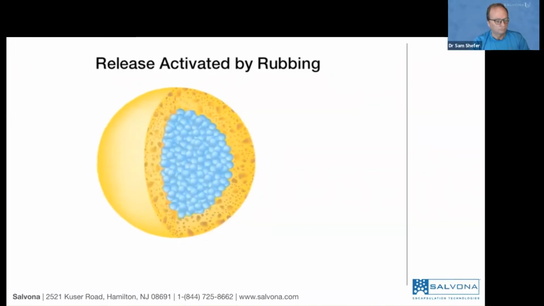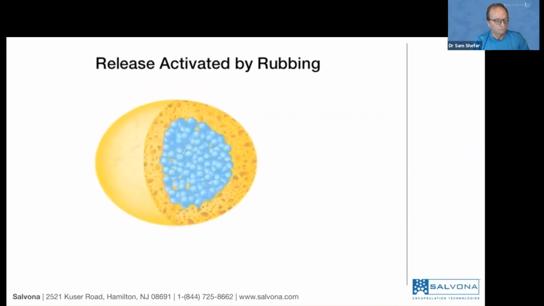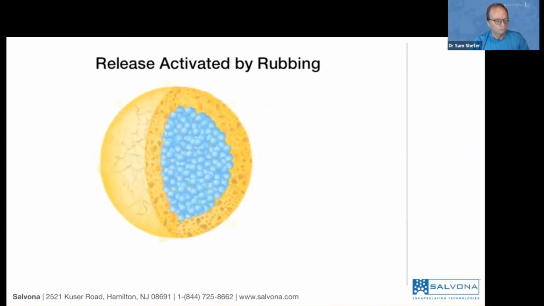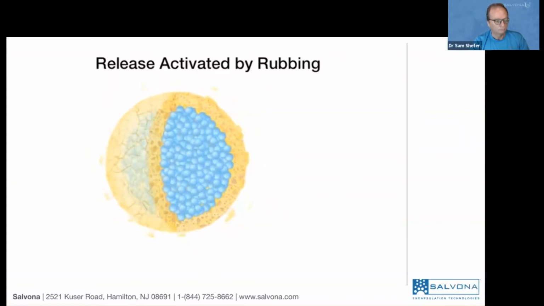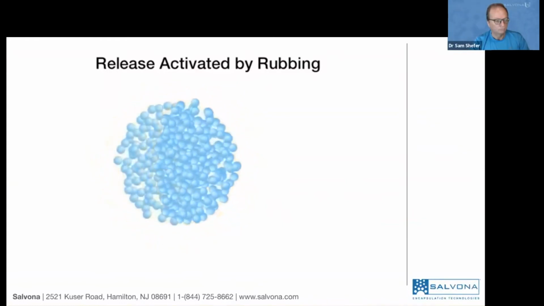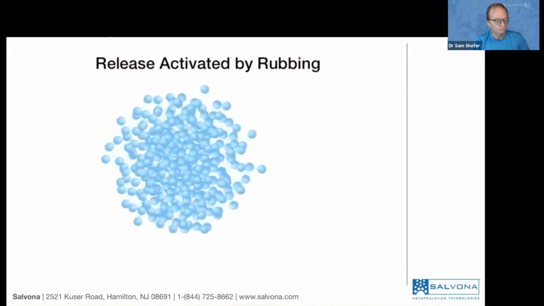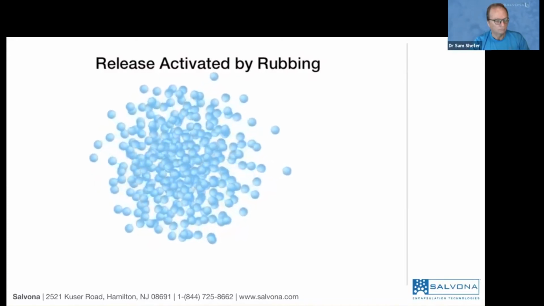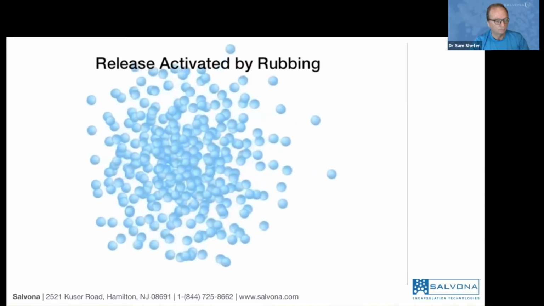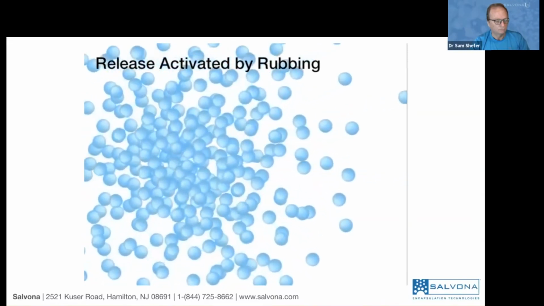The shell of the pressure-sensitive microspheres breaks down when the MultiSal is rubbed onto the skin. As a result of the rubbing, the microspheres deform and release the Sal spheres within, which go on to release the active ingredients that they contain. A more in-depth explanation of the Sal spheres' mechanisms of release can be found on the Sal sphere video.